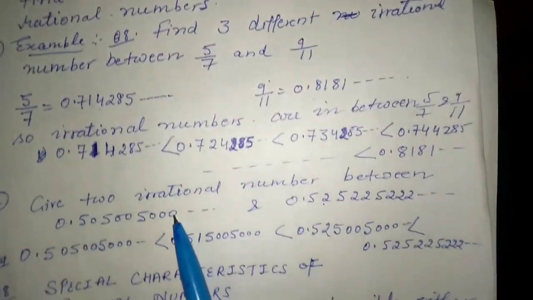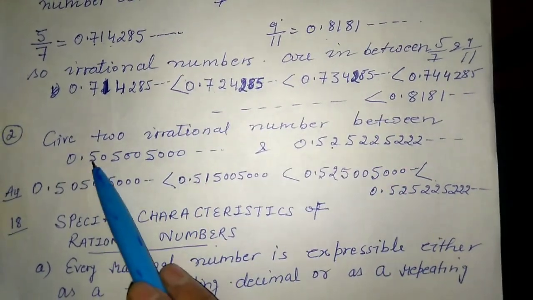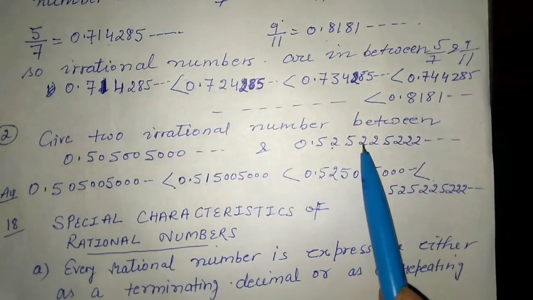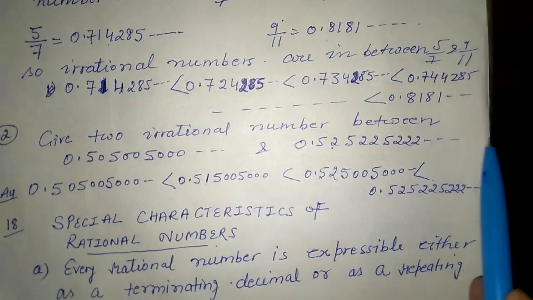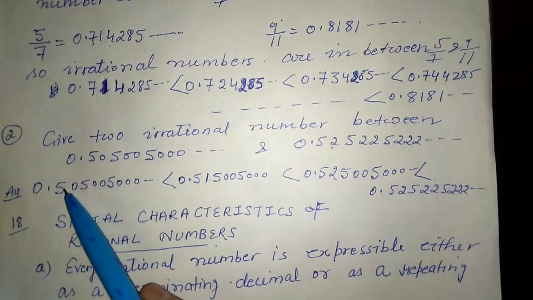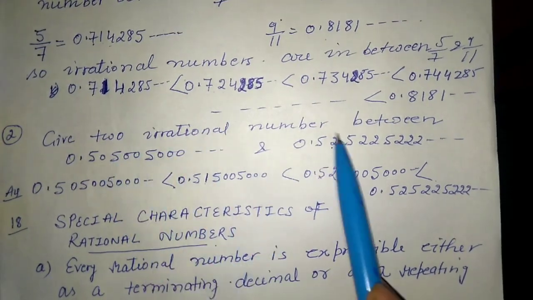You can see the next example also. Give two irrational numbers between 0.505005000, and 0.52522, and so on. Similarly, what we will do, we will change here after 0.5. Here is 0, here is 2.